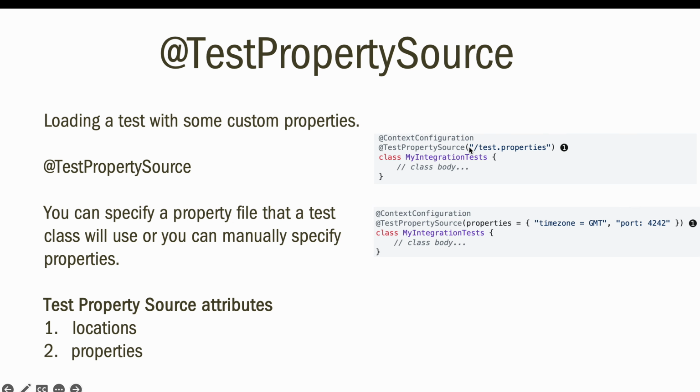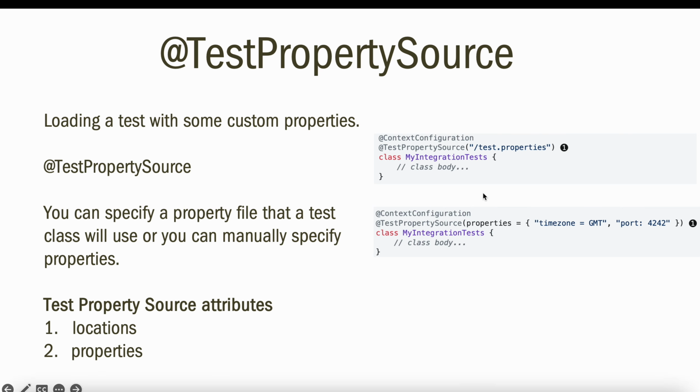So we can use locations here and equate that to this value here, and then Spring will load these properties for you. Because this locations attribute is an alias to the value attribute of this annotation, you are still allowed to do this.